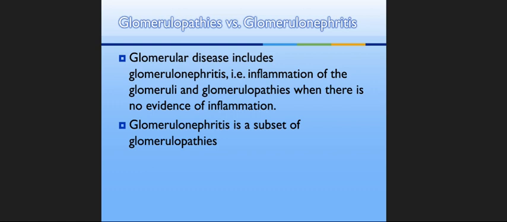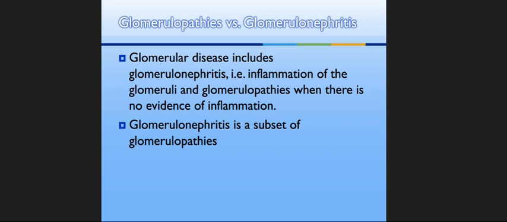Glomeruli is the group of glomerulus. So glomerulonephritis is inflammation of the glomeruli, and glomerulopathies are when there is no evidence of inflammation. So in glomerulonephritis, we will find inflammation, but in pathies, there is no evidence of inflammation.